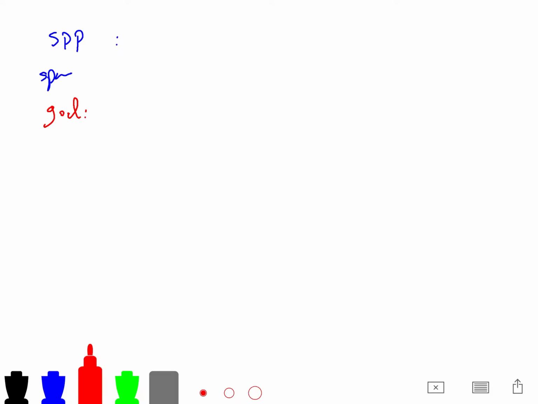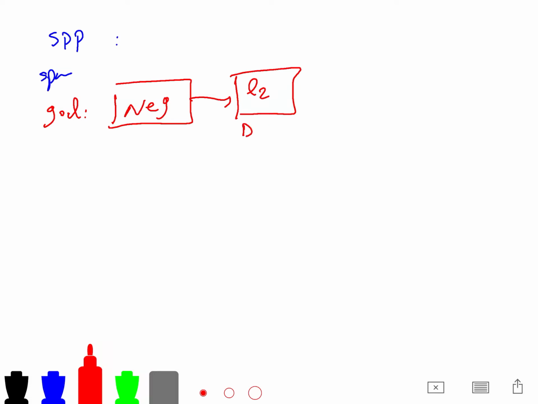You have a negative type metric, you embed it into L2 with some distortion, which is root log k.